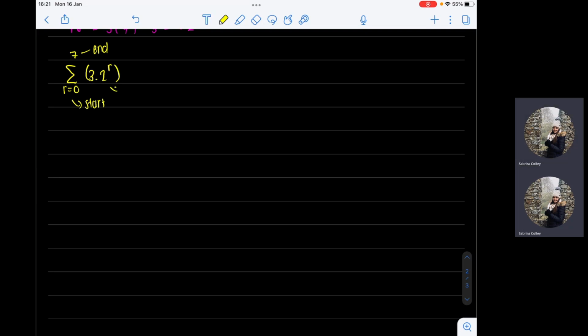What's this general formula here? You've got your arithmetic, you've got your quadratic, and then you've got your geometric. So we can see that this is geometric. It has the same formula format. Now it wants the summing of those terms from term 0 to term 7.